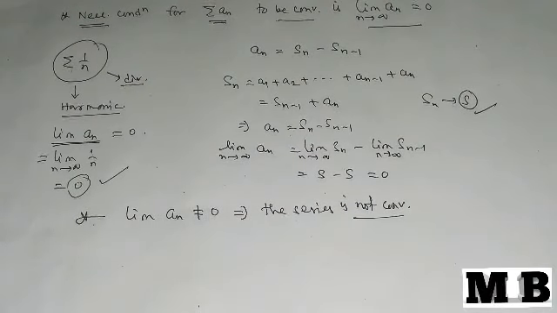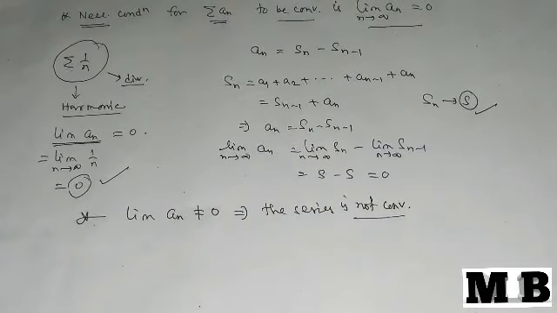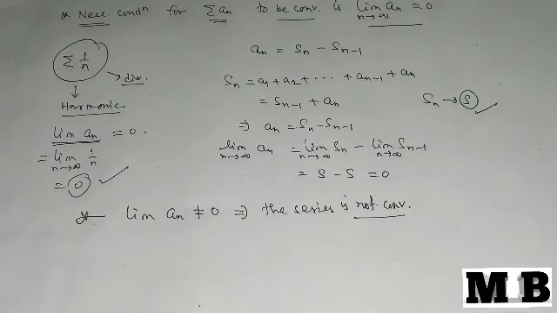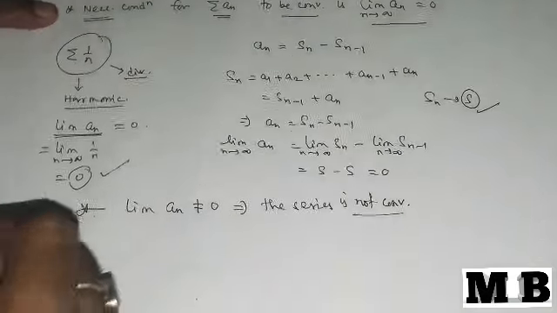So this is the advantage of this necessary condition, because it works very usefully in the contrapositive way. Fine. Now we are moving on to another very important and handy necessary condition.